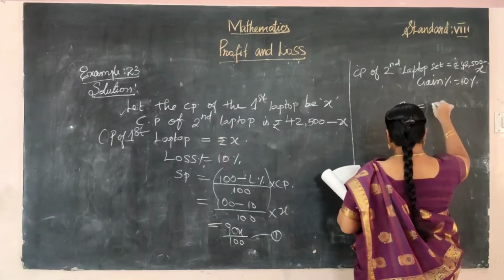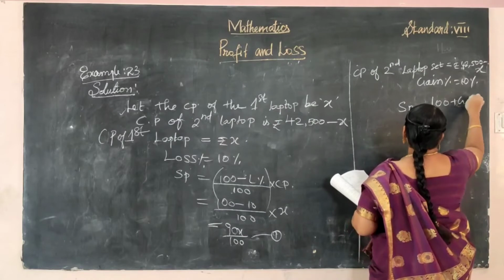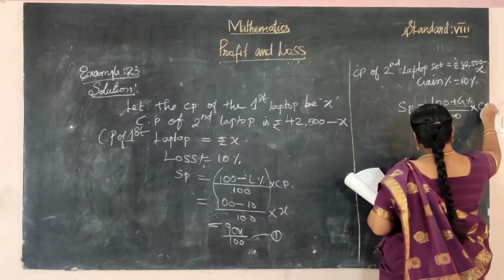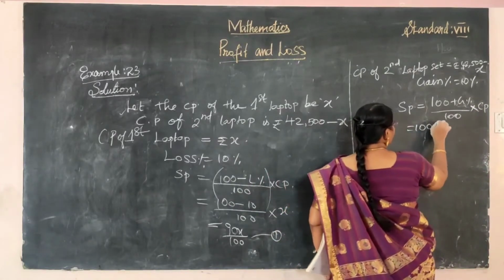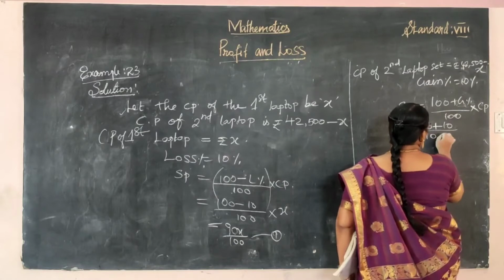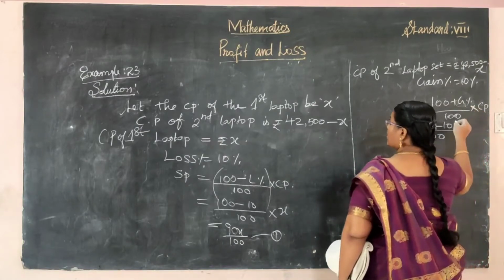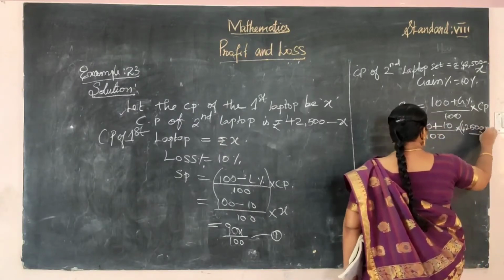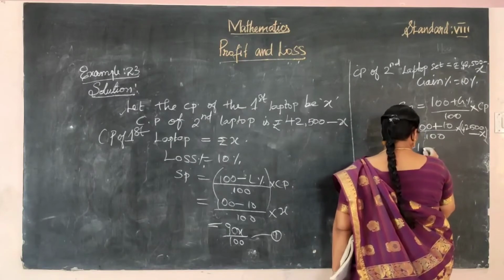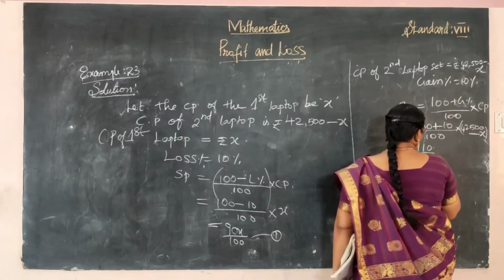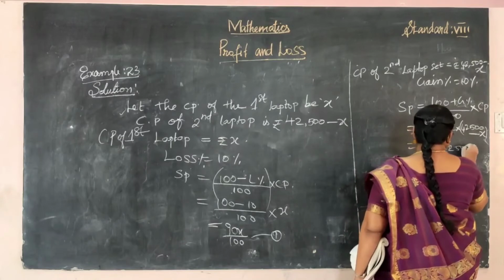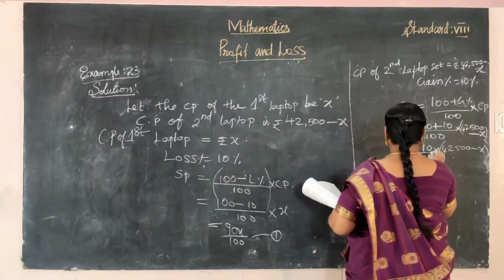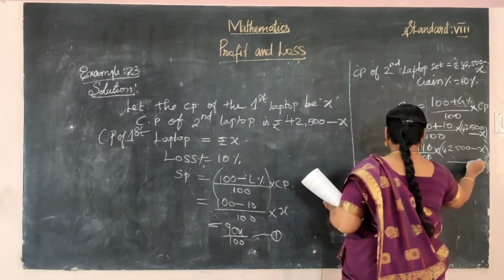So selling price formula, gain: 100 plus gain percentage by 100 into CP. So 100 plus gain percentage 10 by 100 into CP is 42,500 minus X. So 110 by 100 into 42,500 minus X. Okay, this is equation number 2.